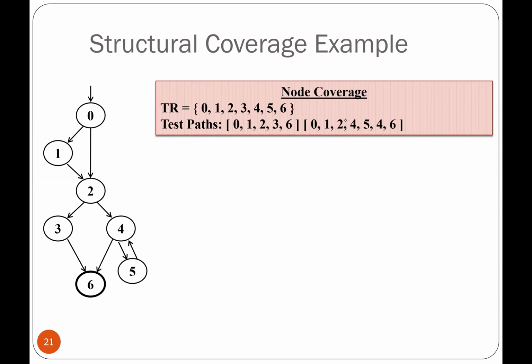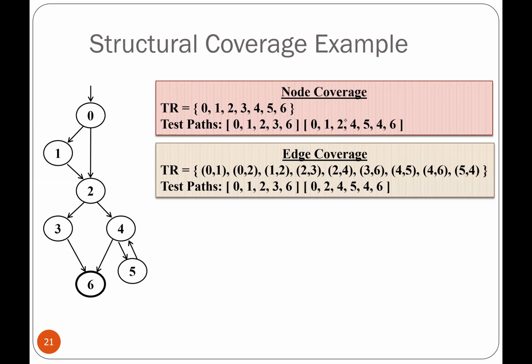Who will increase it? Girls, I haven't heard anything from you just yet. How many test requirements do we have for edge coverage? Okay, Banan says 9. So let's take a look. We got 1, 2, 3, 4, 5, 6, 7, 8, 9.